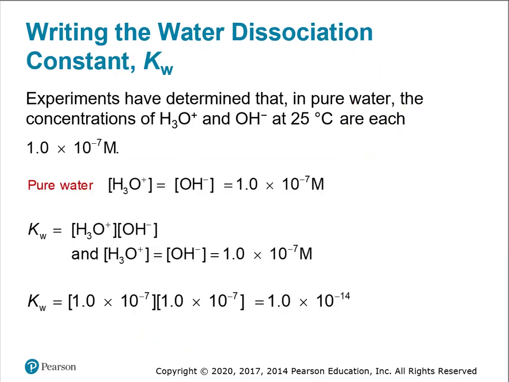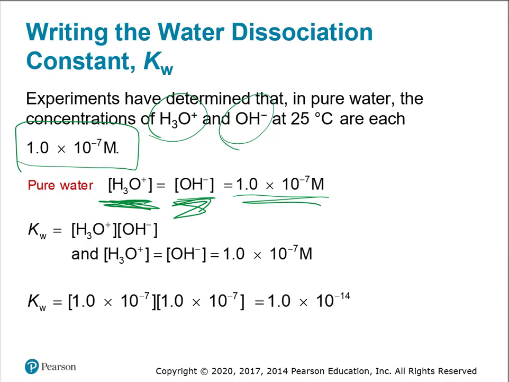Experiments have determined that in pure water, the concentrations of hydronium and hydroxide are each 1.0 times 10 to the negative 7 molarity. So pure water is telling us that the hydronium is equal to the hydroxide, which is 1.0 times 10 to the negative 7. And remember, concentration, capital M, molarity, is moles per liter.